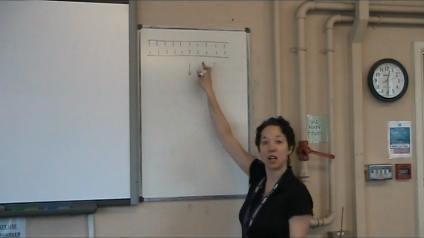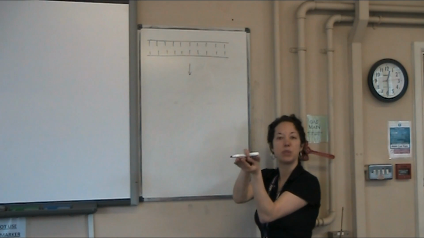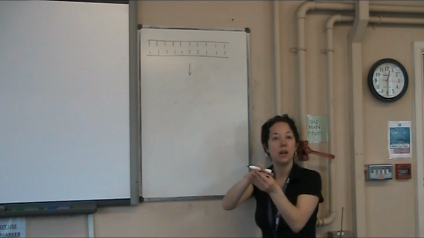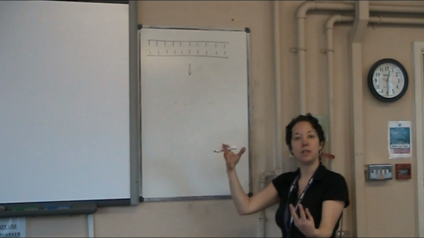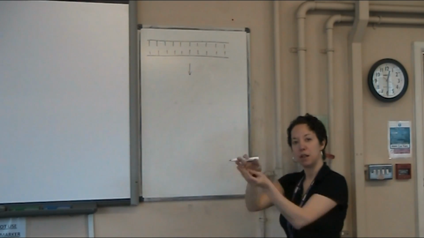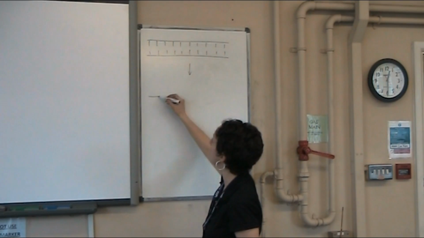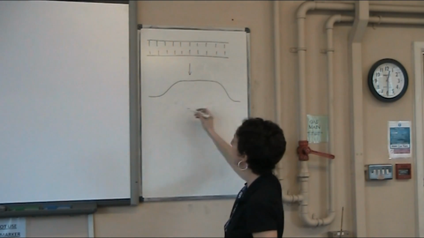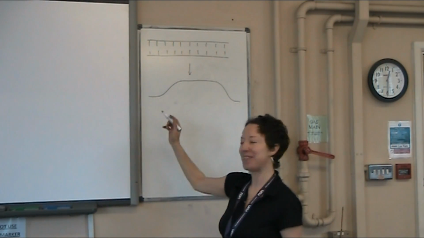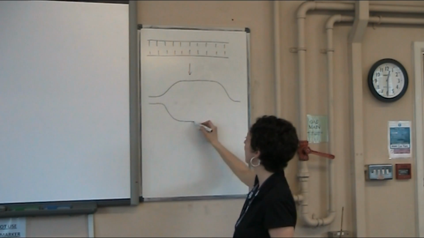At the moment it's closed. The code is protected. In order to open up the code so that it can code for a protein, the DNA molecule has to unzip, and this is what it does. Of course, it's an enzyme that is responsible for unzipping it.